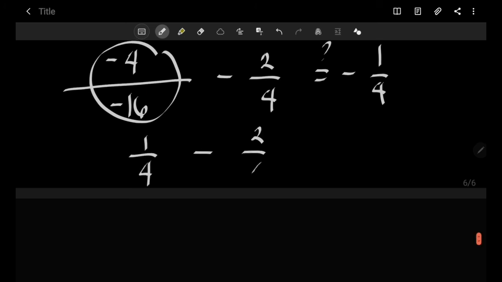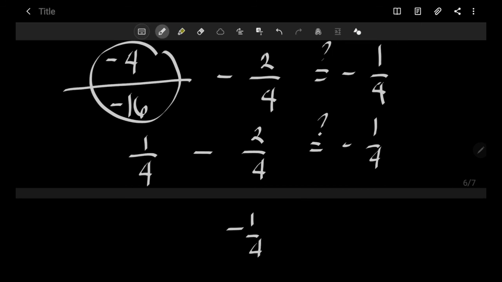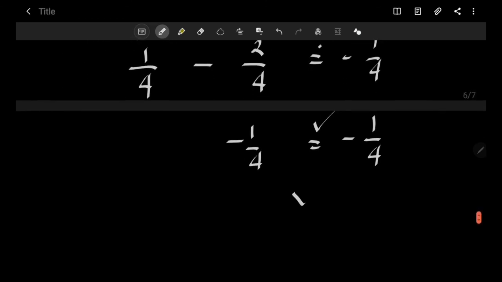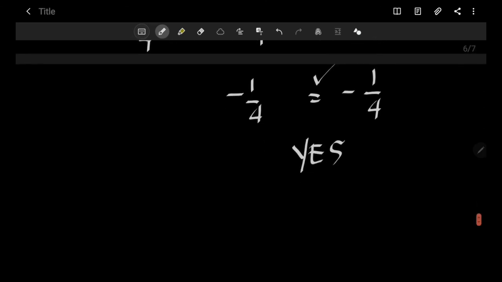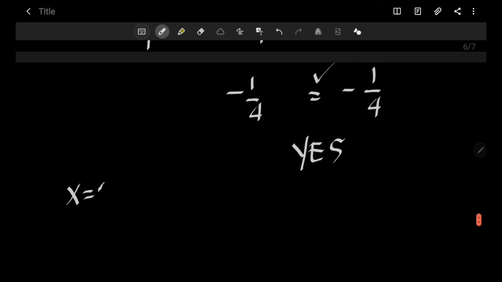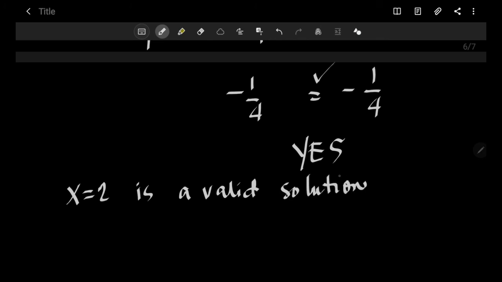Minus 2 all over 4. Is it equal to negative 1/4? Yes. So, negative 1 all over 4 is equal to negative 1 all over 4. Since your answer is yes, therefore, x is equals to 2 is a valid solution. It will satisfy your rational equation.